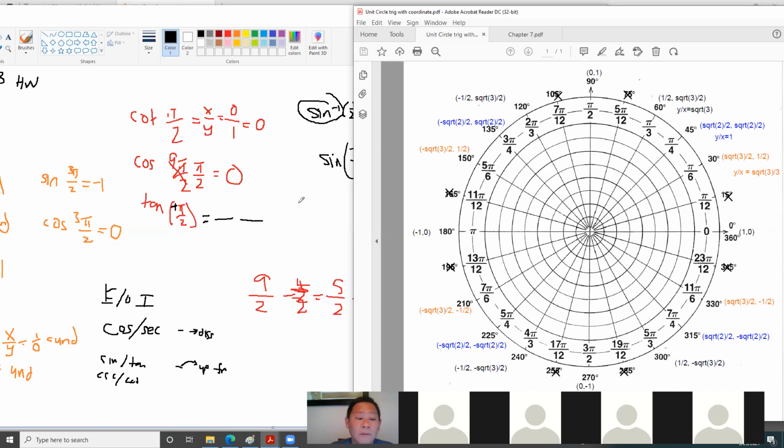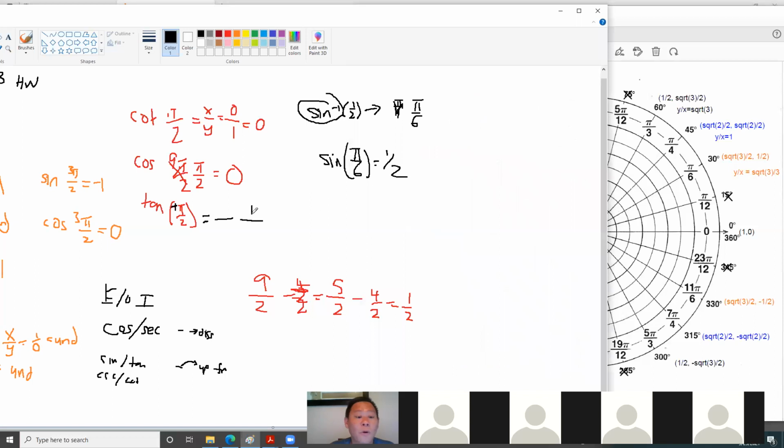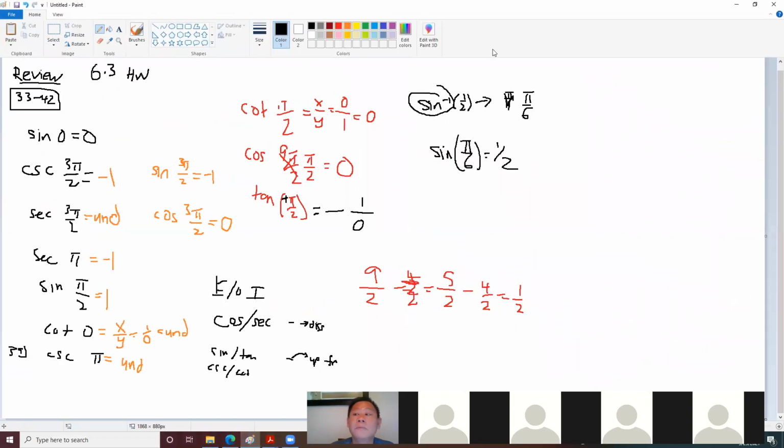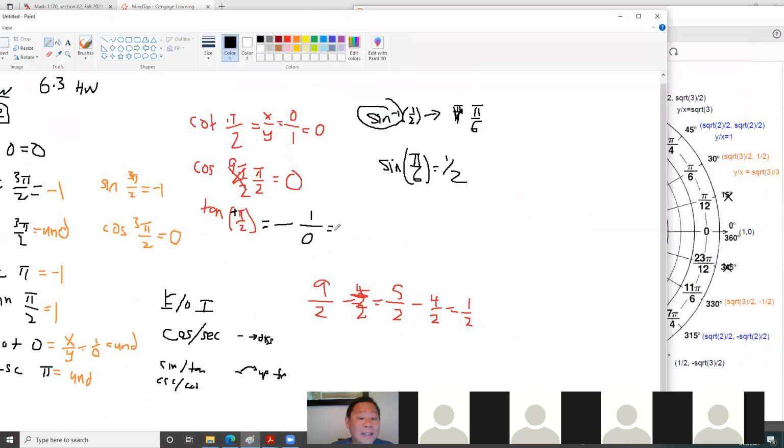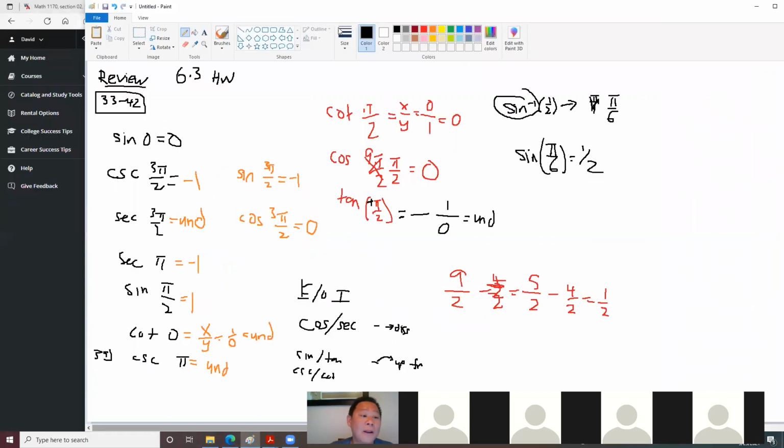Don't forget tangent is y over x. This is 1 over 0. And what happens when you have 1 over 0? Undefined. Yep. I don't care if you have a negative or positive. This is undefined.